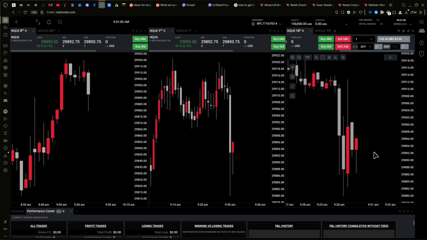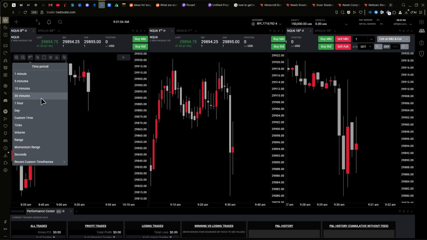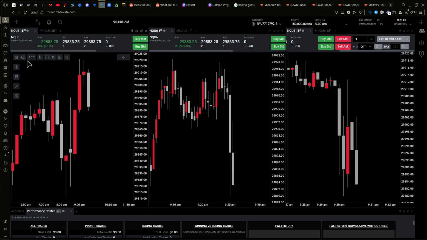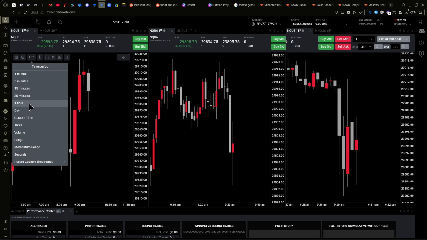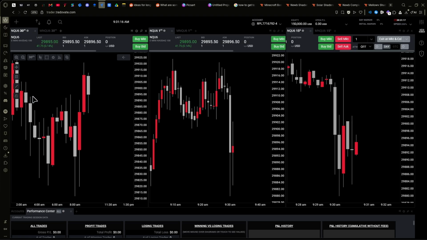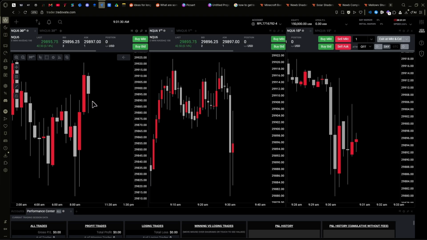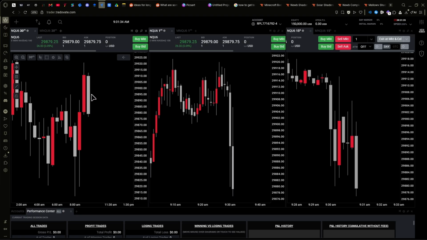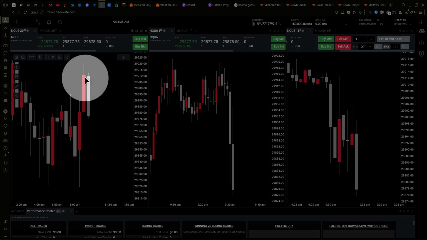So we're going to let it do its thing. We're going to let it manipulate lower, which let me switch this to the 15-minute. My bad. Actually, no, 30-minute. 30-minute here. There we go, in which we got a 30-minute immediate rebalance, which is super, super important here. Watch this. You're going to see why this is important because that next candle, if you notice, this is the 9:30 candle, okay?